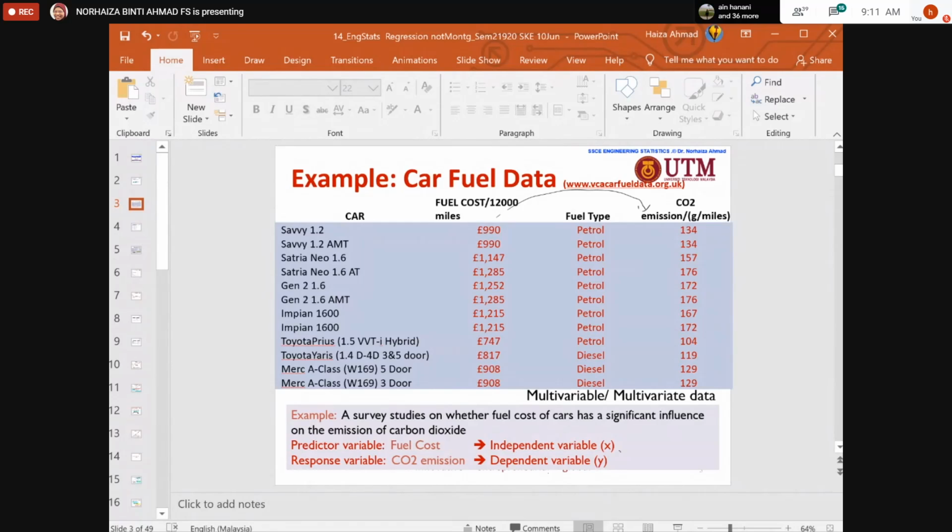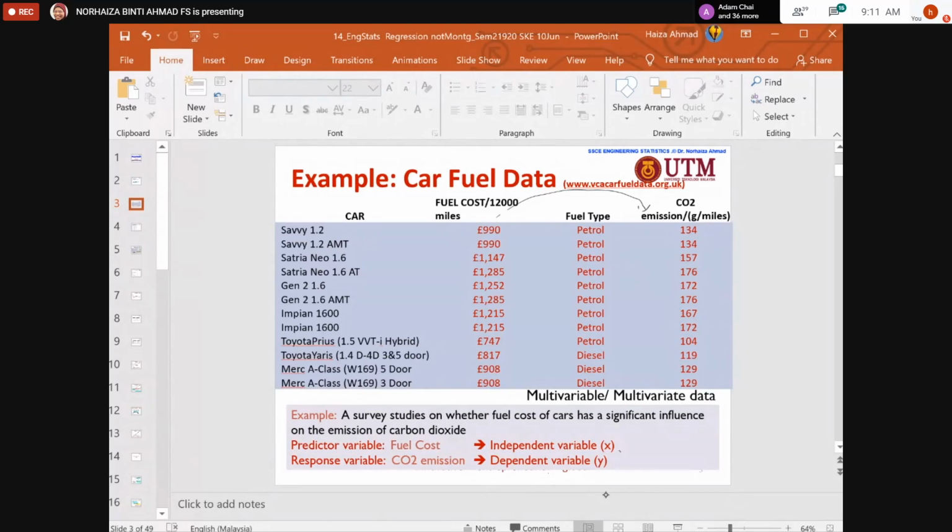So you already know what independent is, right? Independent doesn't rely on anything. In this case, it doesn't rely on any other variable. Since we're only looking at two, one of them is going to be independent and the other one is going to be the dependent variable.